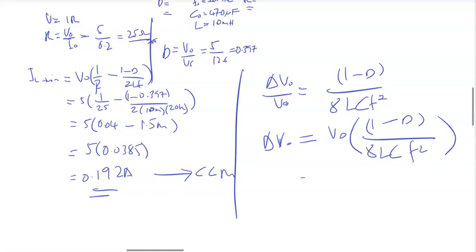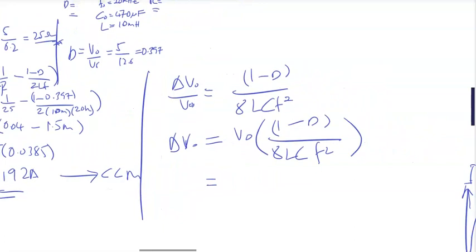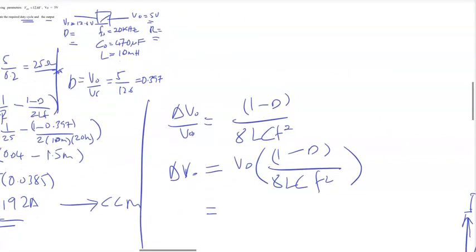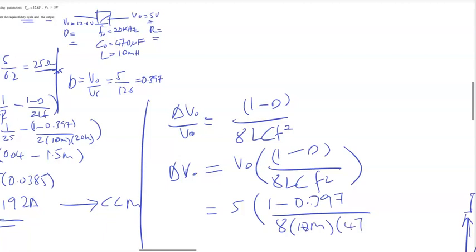Okay. So we have V out here, which is 5 volt. 1 minus 0.397 of duty cycle divided by 8 times value of L of 10 millihenry. C is 470 microfarad, and frequency of 20 kilohertz squared.